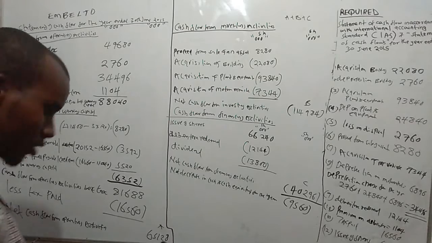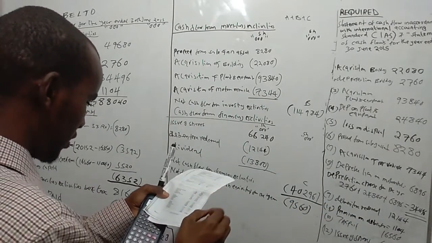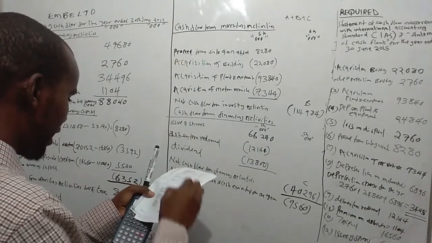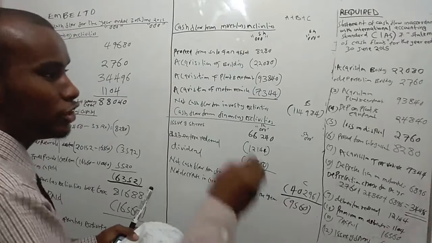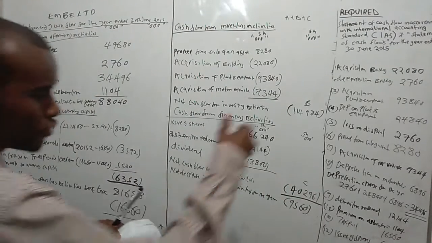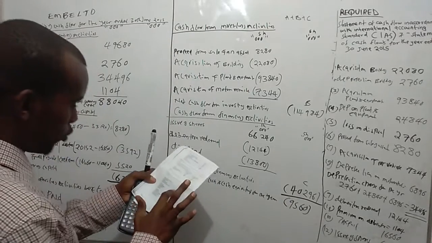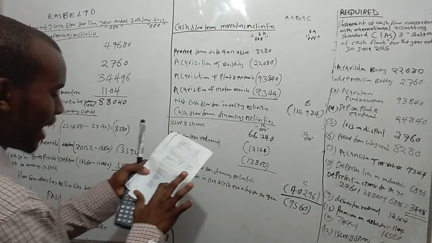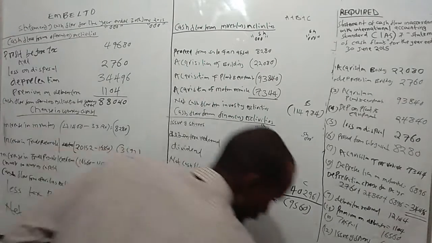Then remember, now we are going to add back. We are given the bank balance and cash in hand. The one for 2014 is the opening cash, and the 2015 is the ending. Now from this amount we are going to add 6,800, and then we'll get the net changes at the end.